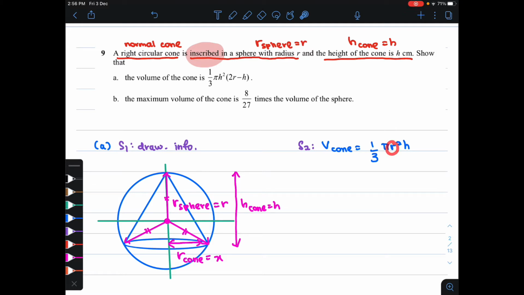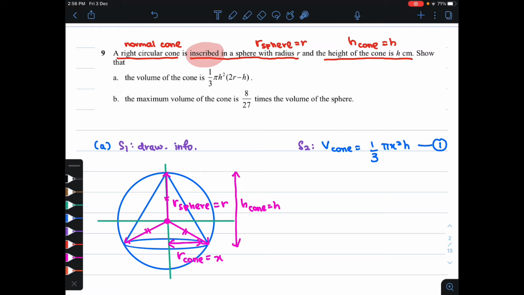Maksudnya r pun untuk cone, h pun untuk cone. So, untuk cone, r dia adalah x. So, this one kena tukar dia jadi x. Okay. And then h merujuk pada height of cone, which is h. So, ini okay. Alright. So, volume of cone is 1/3 pi x square h. So, that's the first equation.